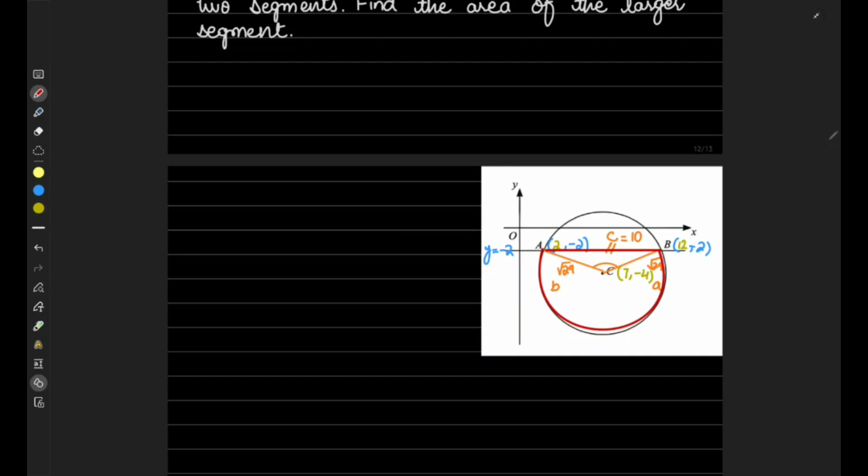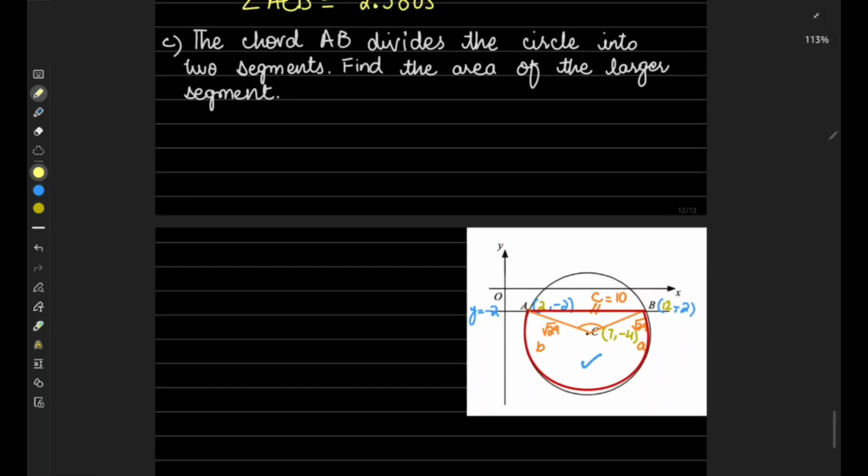Okay, this part. So how can you find it out? If you can clearly see, there are two parts to it. One is your triangle and the other is your sector.